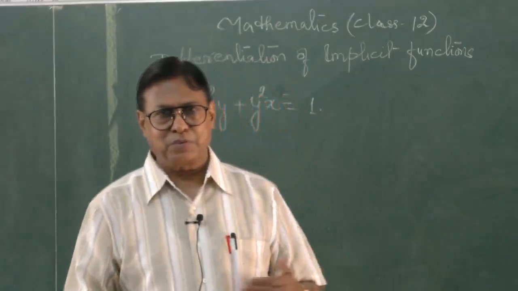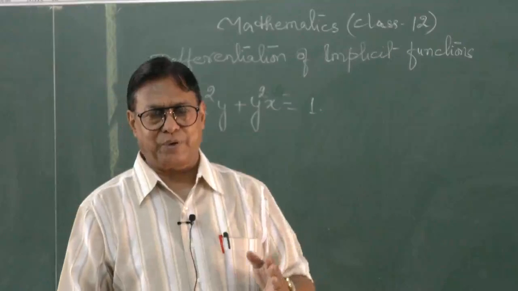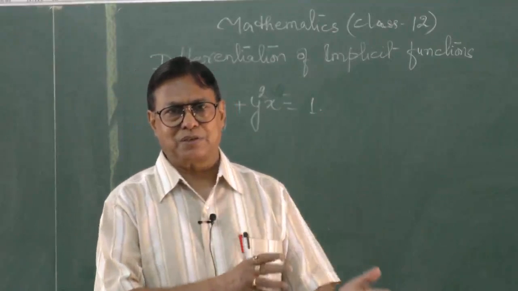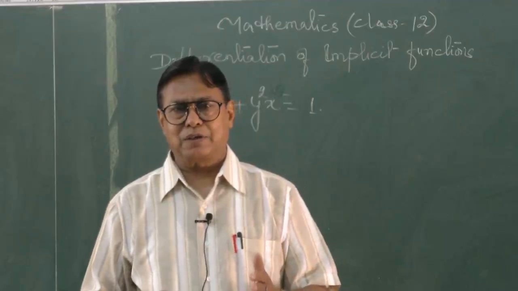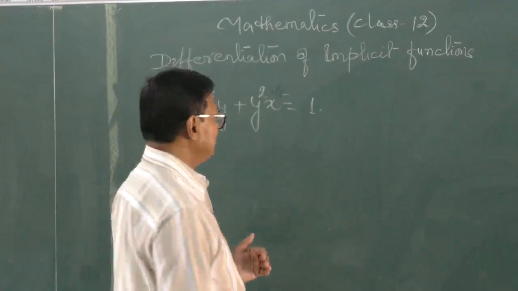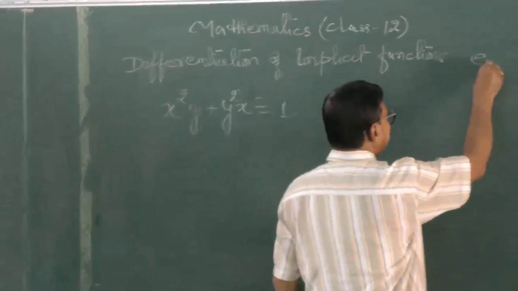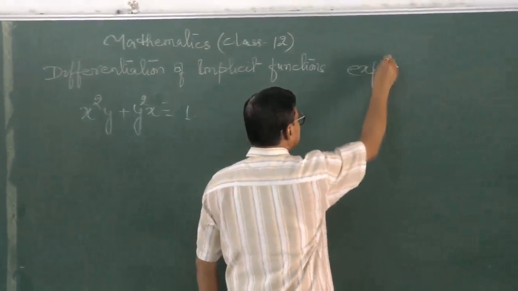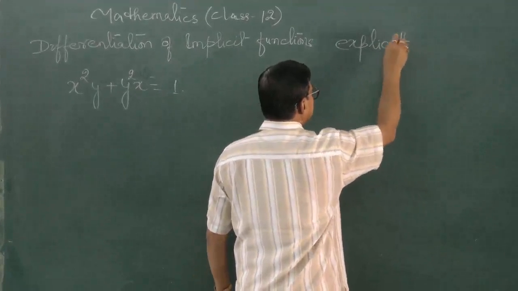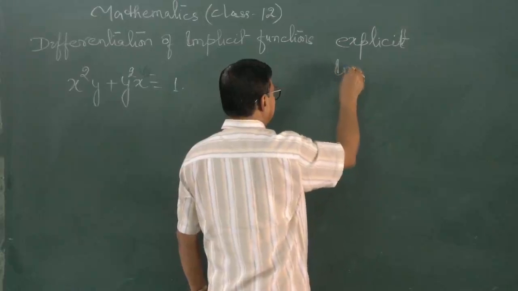The other functions which we have done, where y is a function of x, clearly y on one side, x on the other side, y is called the explicit function of x. So, there are two types of functions: one is explicit and implicit.